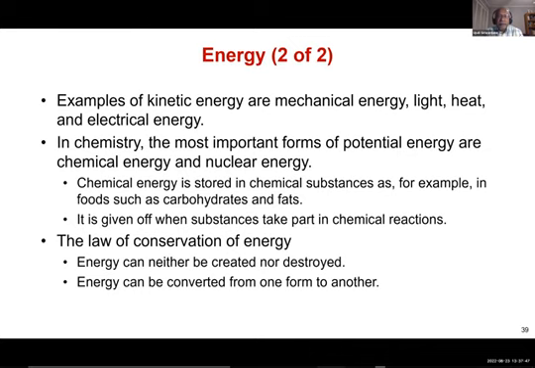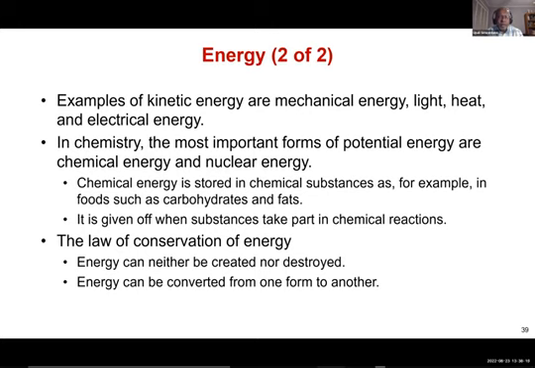Also, electrical energy is a form of kinetic energy. Electrical energy is fast moving electrons in a conductor. When you apply an electric potential, the electrons flow from the negative end to the positive end.